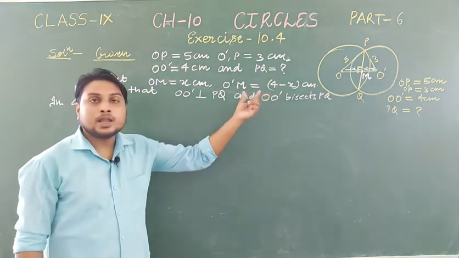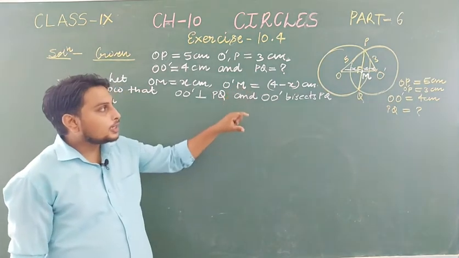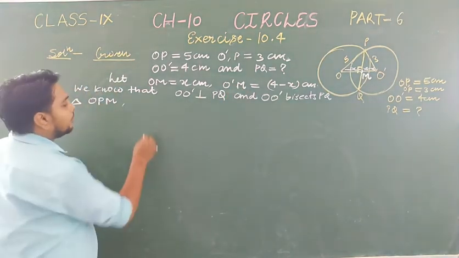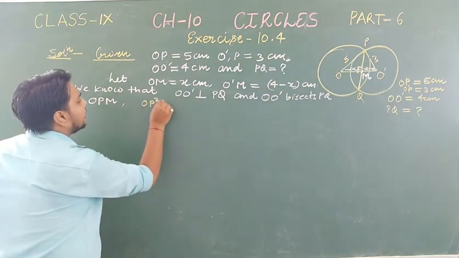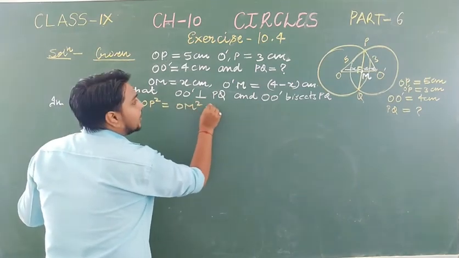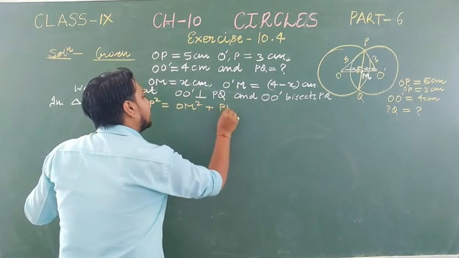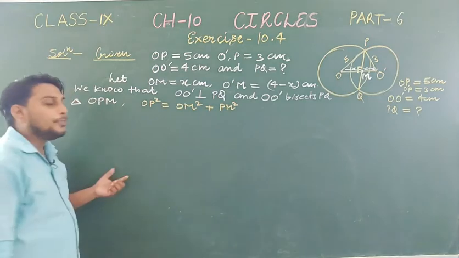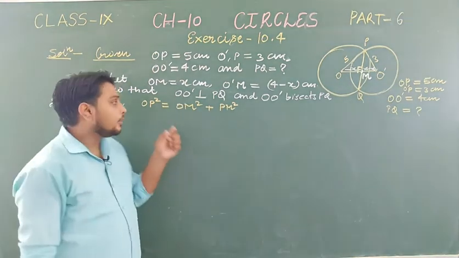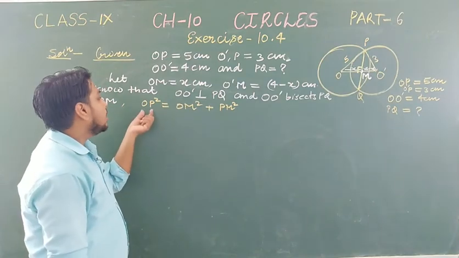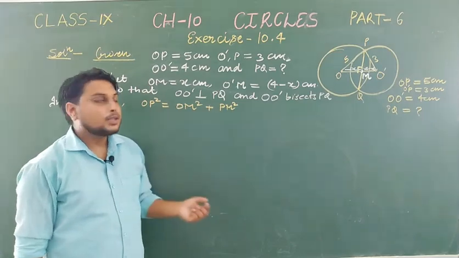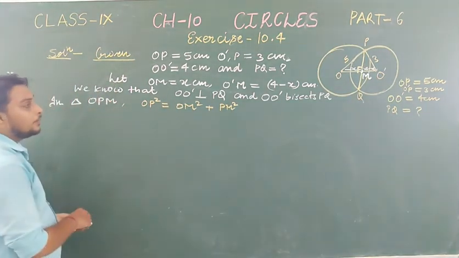Then OP square equals PM square plus OM square. How can we say? By Pythagoras theorem: in a right angle triangle, hypotenuse square is equal to base square plus perpendicular square. So this result we can write.